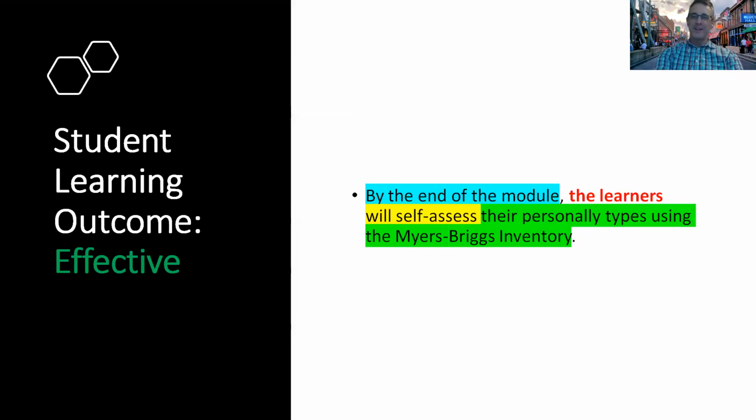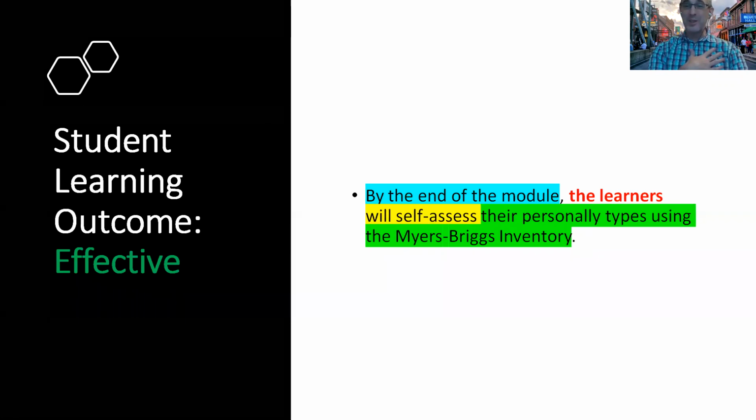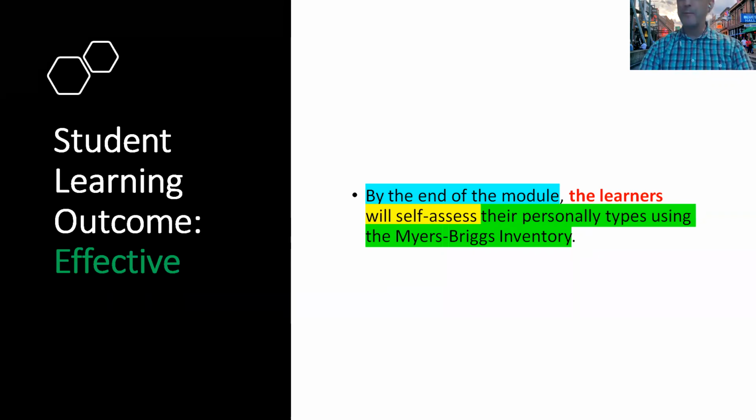So I'm going to chime in, and I admit this is based on my own ignorance. One of our characteristics was they need to be measurable verbs, and I'm thinking, how do I measure self-assessment? Yes, you can measure self-assessment by completing this actual activity.